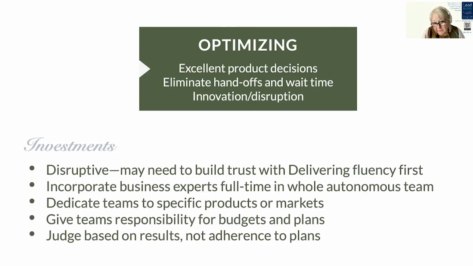And then the rest of the organization needs to not get nervous and start judging because the team isn't following some strict plan created by the organization, but is actually producing the results that they need. And if those results aren't happening, then that's the conversation. How do we get closer to those results?